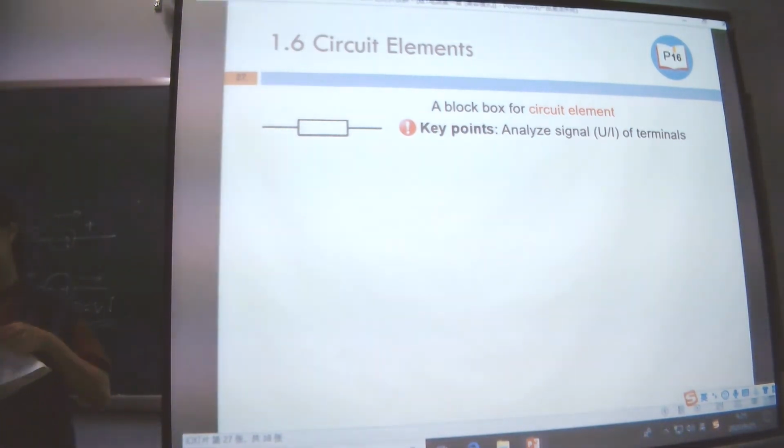But in books from other countries, it's like this. But in circuit simulation, when you make a simulation on a computer, for example with MATLAB or some simulation application for solving circuits, the resistor is like this box.